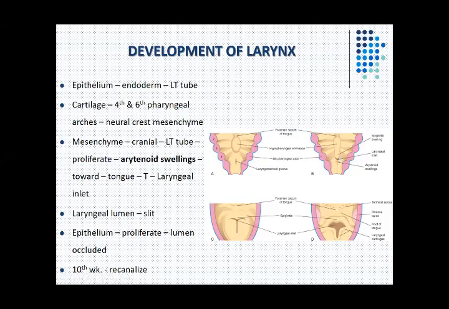So the laryngeal inlet became T-shaped. These are the swellings that are formed by proliferation of mesenchyme at the cranial end of the laryngotracheal tube.